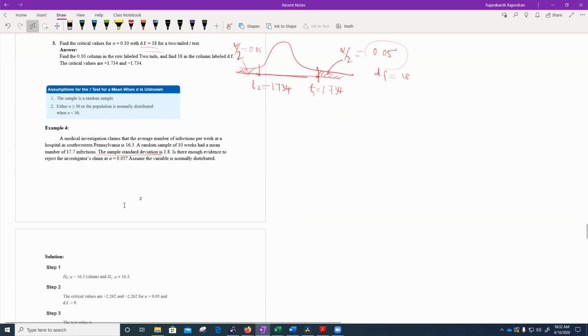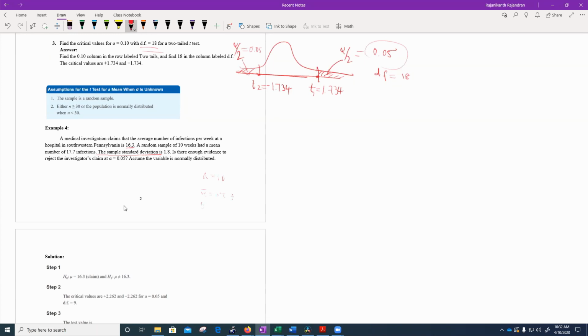So let's write down all the numbers then. What are the numbers? So he claims that the infections per week is 16.3, this is his claim, so that's going to be my mu. The random sample of 10 weeks, therefore little n is 10. The mean number of those samples is x bar, which is 17.7.